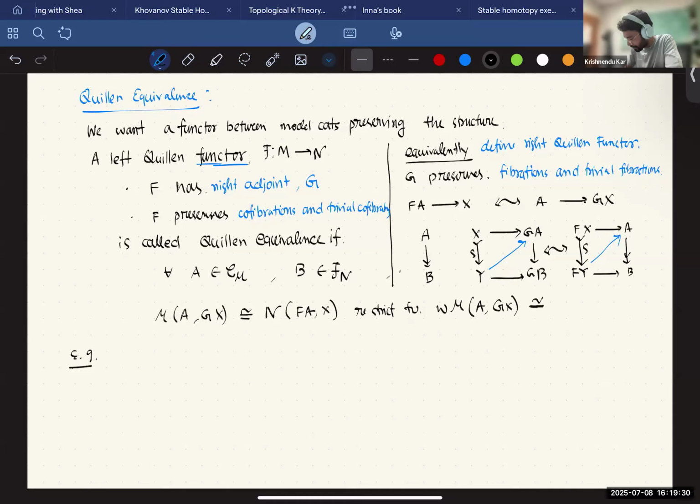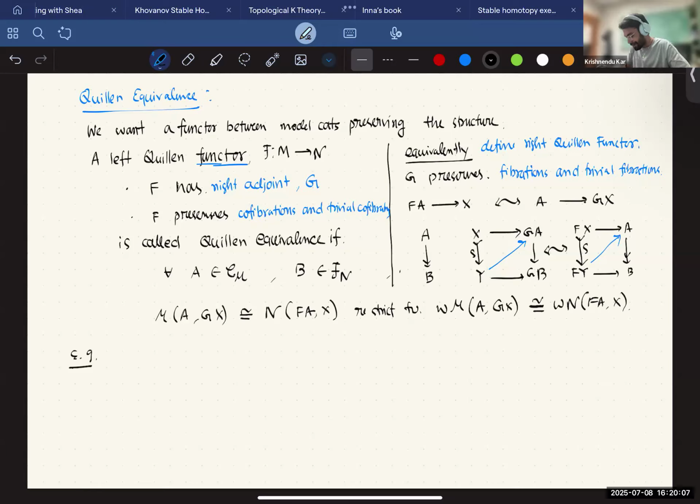So I will explain what it is actually doing. This means that it is essentially preserving your homotopy structure, based on the discussion we just had a few minutes back. A is cofibrant, X is fibrant. That means that GX is fibrant, right? For A to GX, your left and right homotopy coincide. So that means that it has a notion of homotopy equivalence, right?